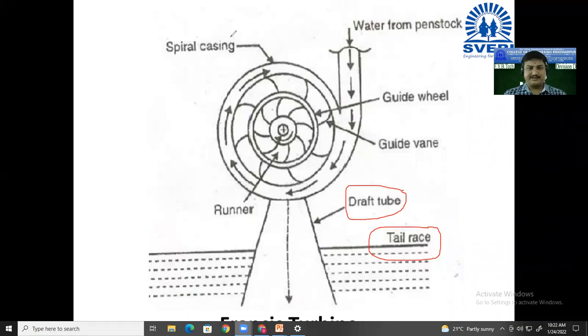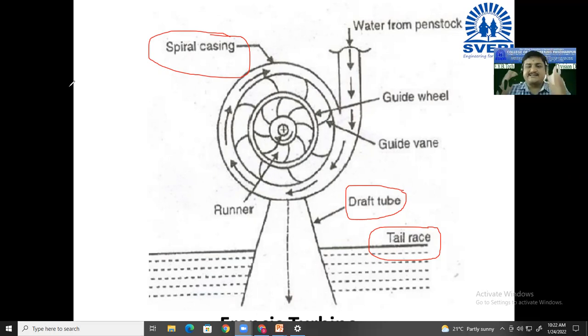The next component is the spiral casing. Now casing is very much familiar to you. What do you mean by casing? Shield, cover, housing, yes.